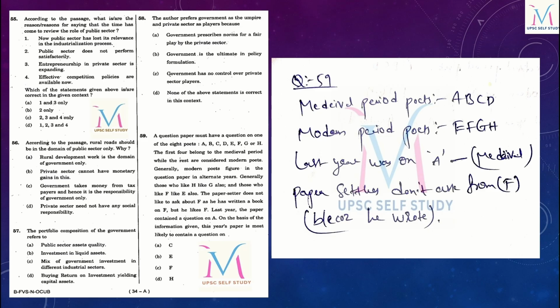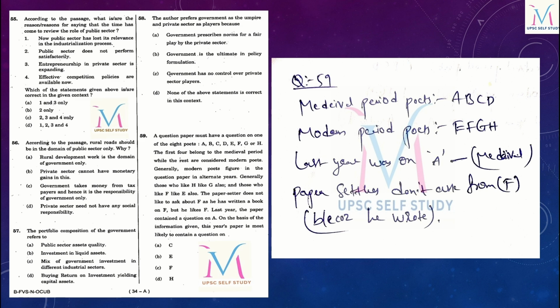And coming back to the 55th question. According to the passage, what is or are the reasons for saying that the time has come to review the role of public sector? They are asking what the role of the public sector is.